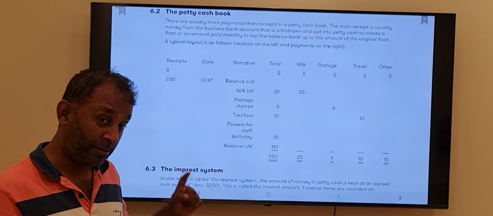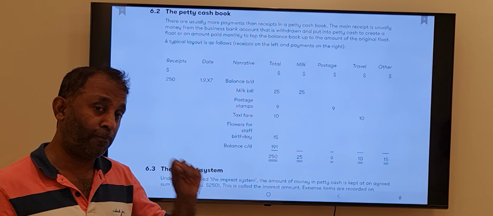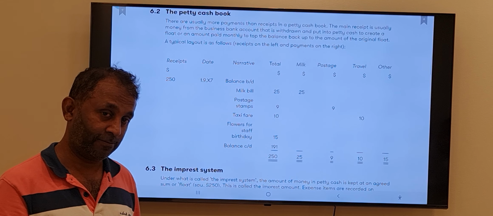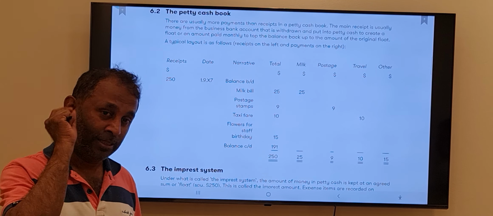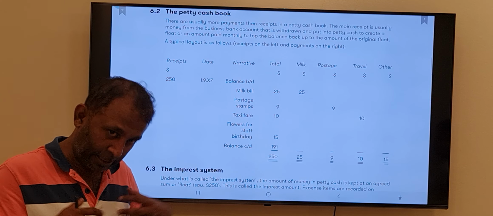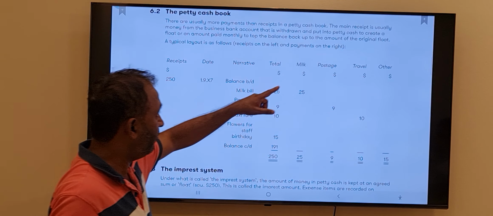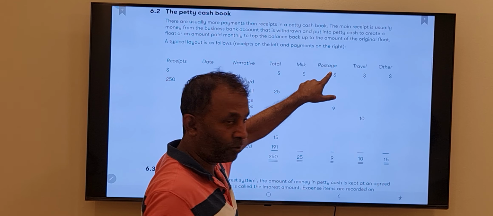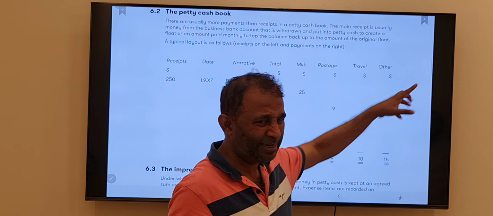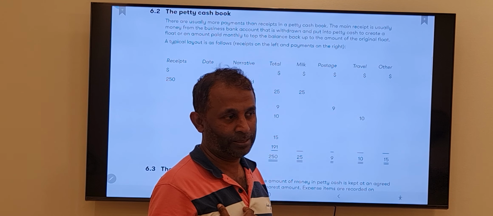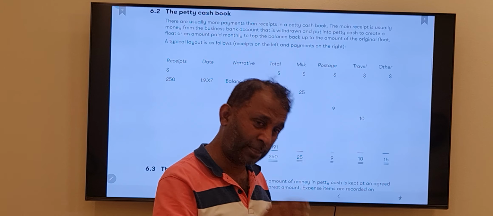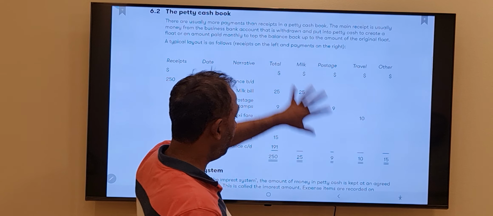The main cashier issues a payment through a check only, and he receives the cash and spends it on this type of expense: milk, postage, travel, anything depending on our business. Whatever suits our business, we will use it.